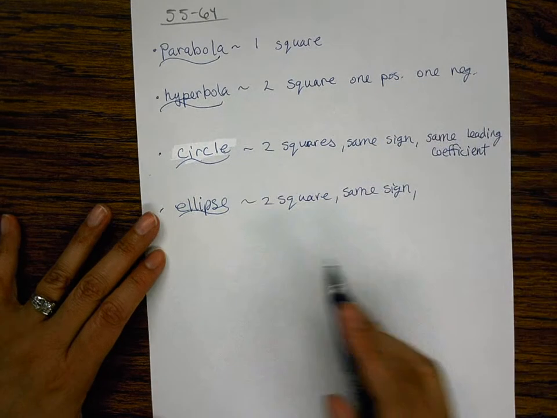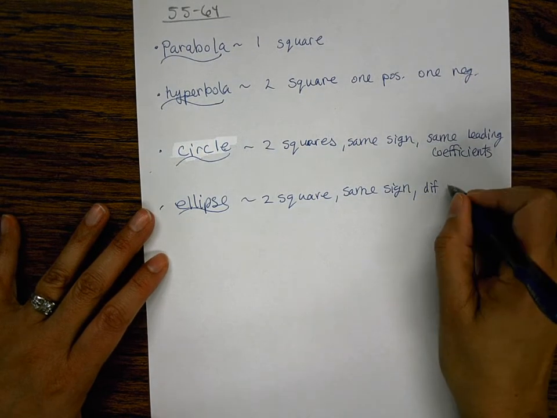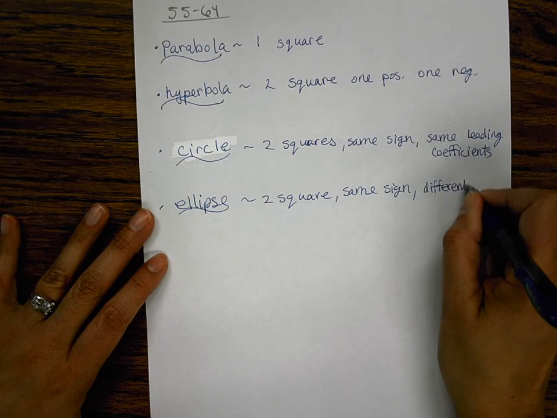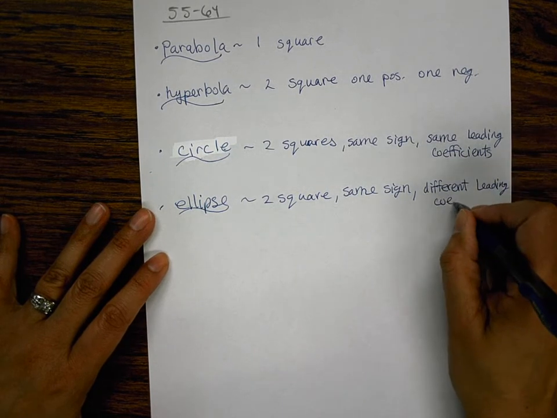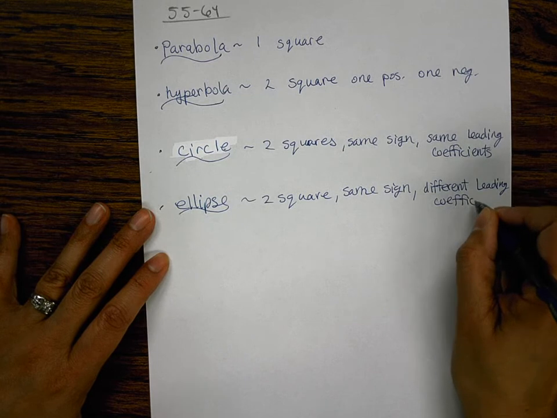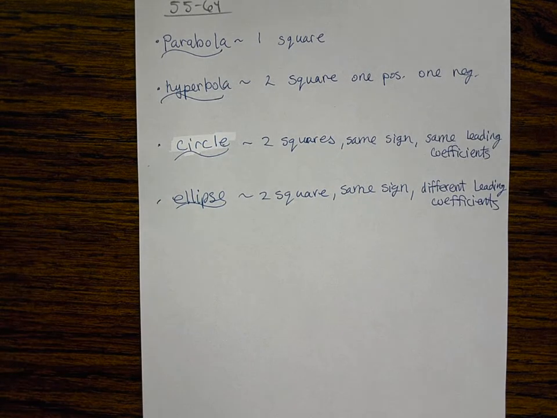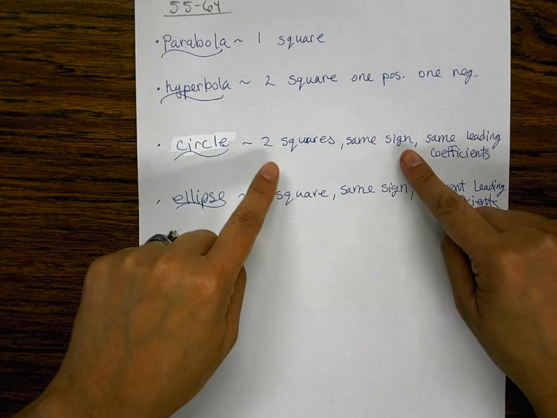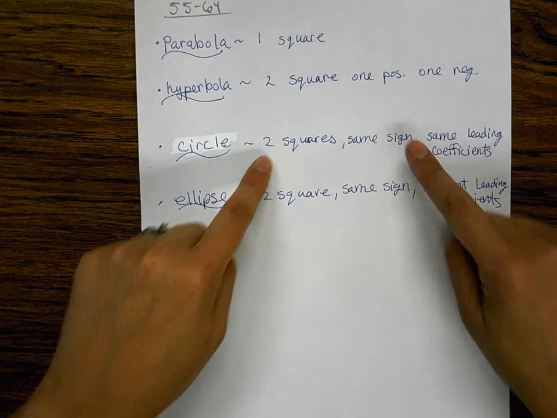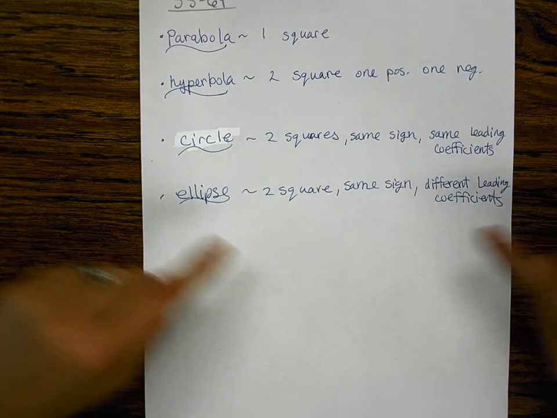And for an ellipse, it has different leading coefficients. All right, what that means is here they would be like 2x squared and 2y squared, or 3x squared and 3y squared. Where here, 2x squared and 5y squared. The numbers are not the same.